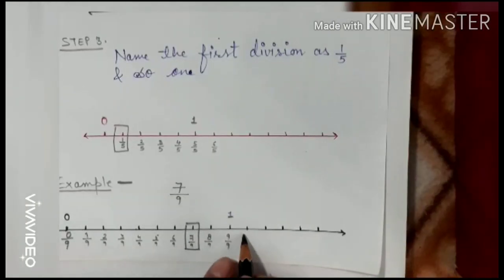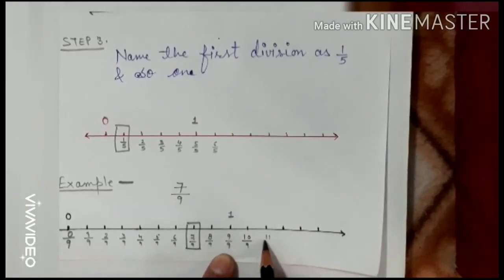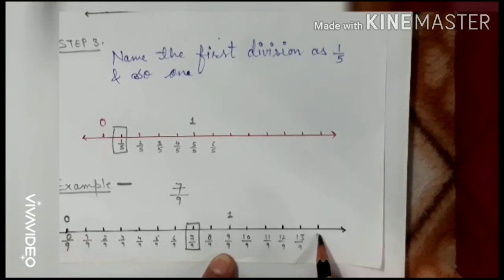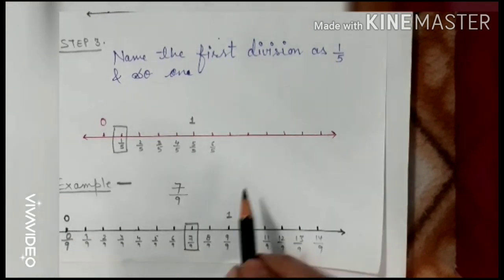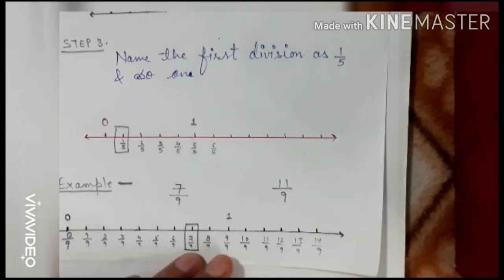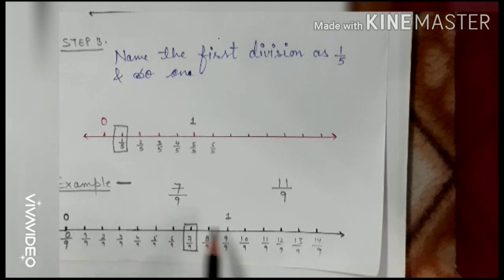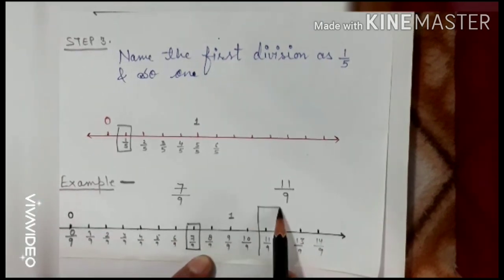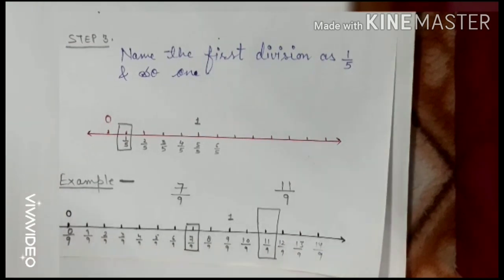If we write 10 upon 9, 11 upon 9, 12 upon 9, 13 upon 9, 14 upon 9, and if I ask where 11 upon 9 is, represent it similarly and the answer will be here. So this is your representation of rational numbers.